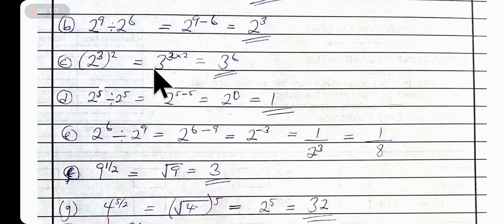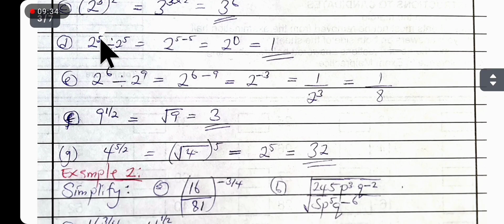This base, which is 3 here, is supposed to be 2. Please look at my arrow there. It's 2, not 3, please. It's 2 raised to power of what? 3 times 2. So 3 times 2 is 6. Thank you. 2 raised to power 6.